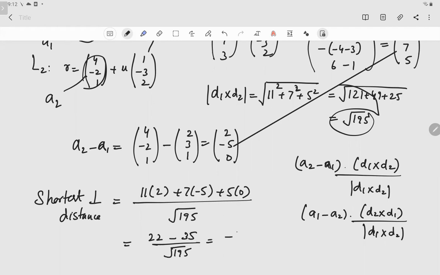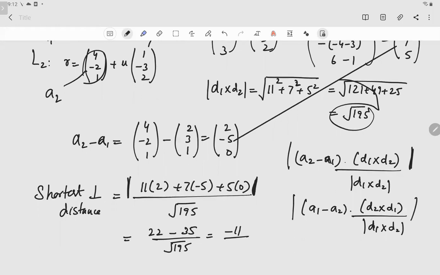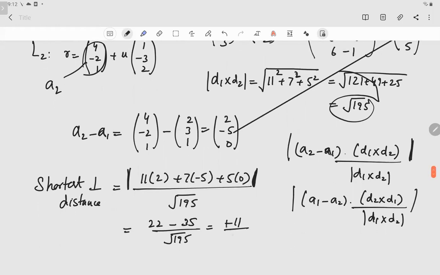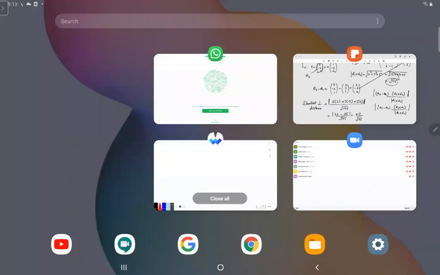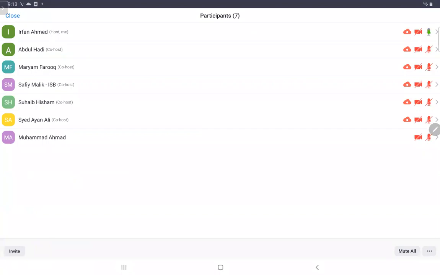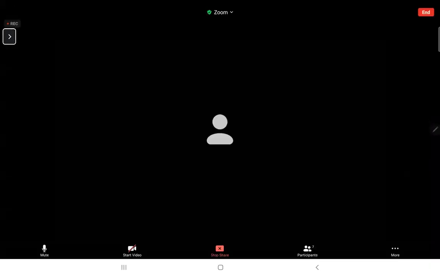I'm going to ignore the negative sign. It is due to this reason that we put a modulus sign over here, just to remove the negative sign. The purpose of that modulus sign was to remove the negative sign. But this is the formula.